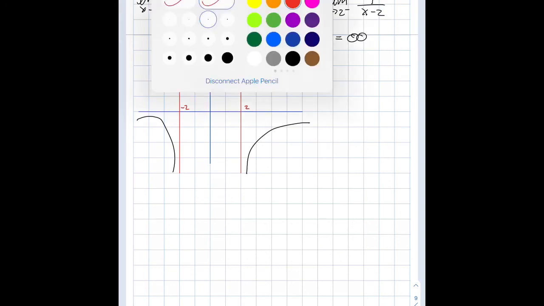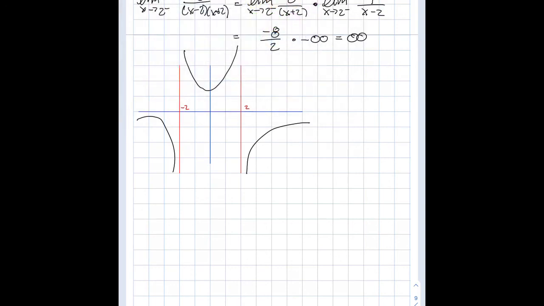So let's do one last example and then we will be done with this lecture. We can move on to 3.1. So we want to find all the vertical asymptotes of secant of x.